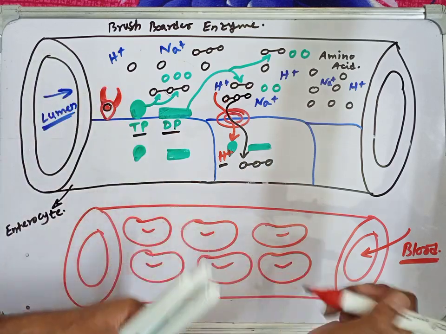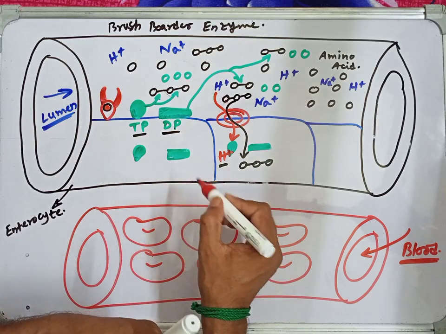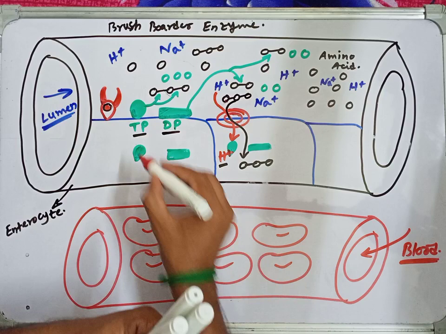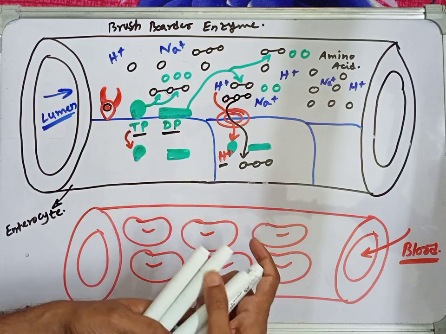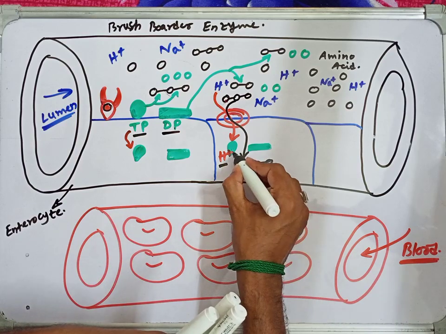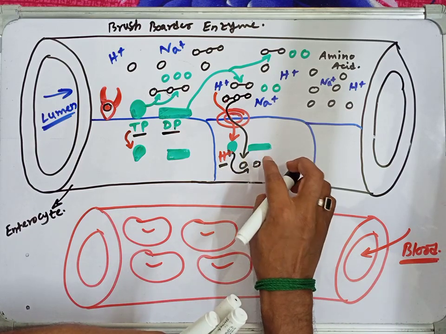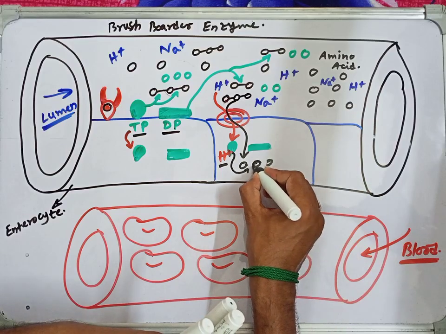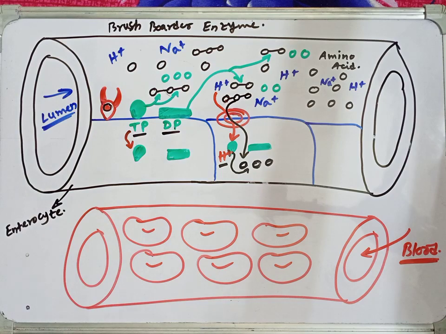And you know very well, the cell has its own dipeptidase as well as tripeptidase. This tripeptidase now acts inside the enterocyte cell, and the amino acids are made free by breaking the peptide bonds in the tripeptide, and there is real absorption of amino acids.